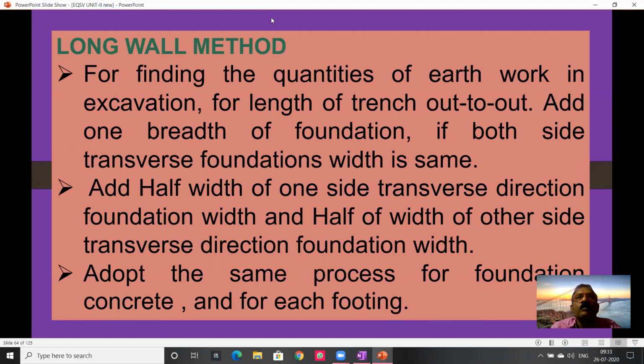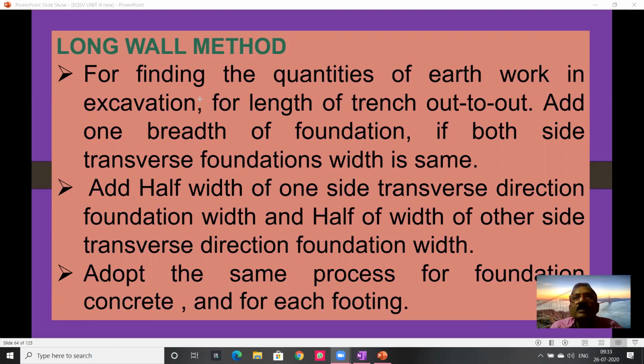For finding the quantities of earthwork, after knowing the length, breadth and height or depth, you calculate length into breadth into height or depth, and you will get the quantity of that item.